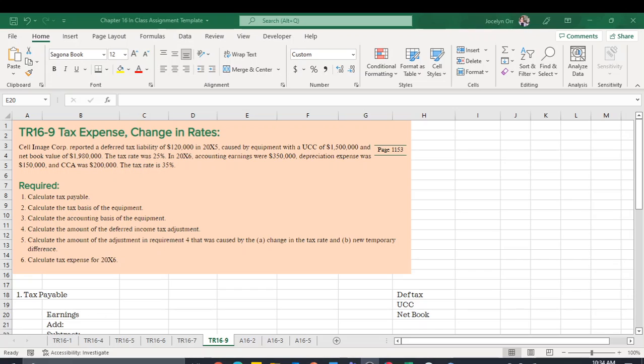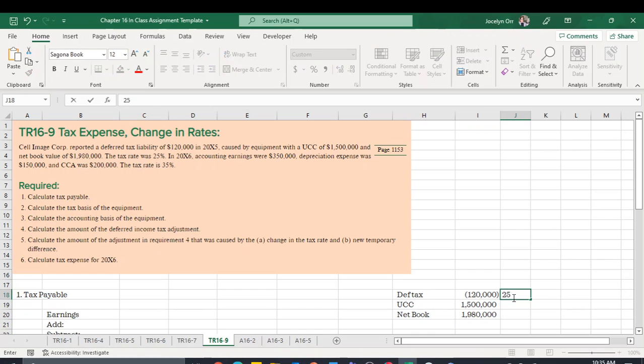They reported a deferred tax liability, so that would be a credit balance of $120,000. This was caused by equipment with a UCC, so that is our tax basis, of $1.5 million, and that asset had a net book value of $1,980,000.